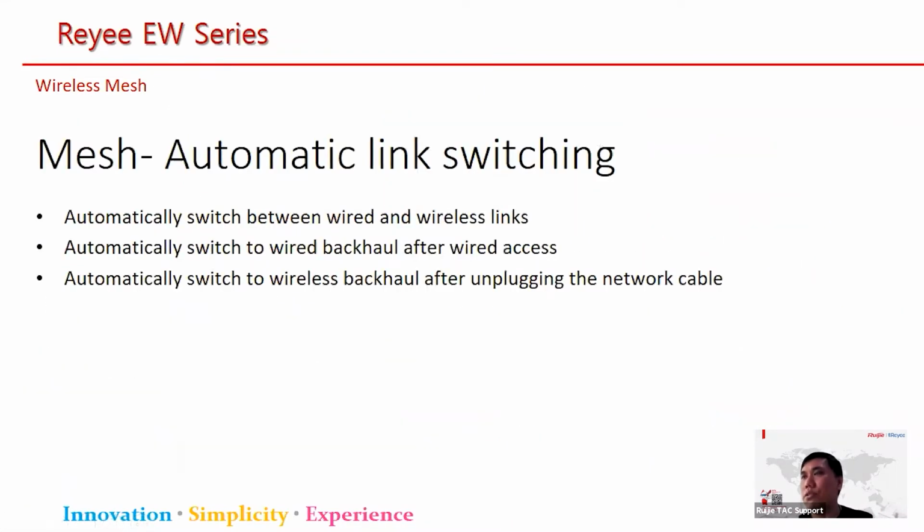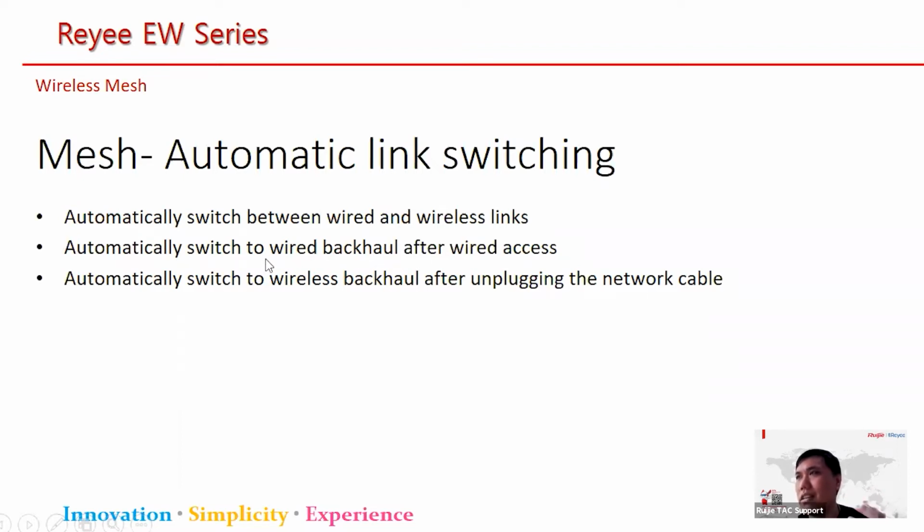And then how are we going to combine wire and wireless mesh? With wire and wireless mesh, we can do mesh automatic link switching. That means if you go for wire mesh, between the devices, the wire and wireless links will be established. The priority will go to wire backhaul first.